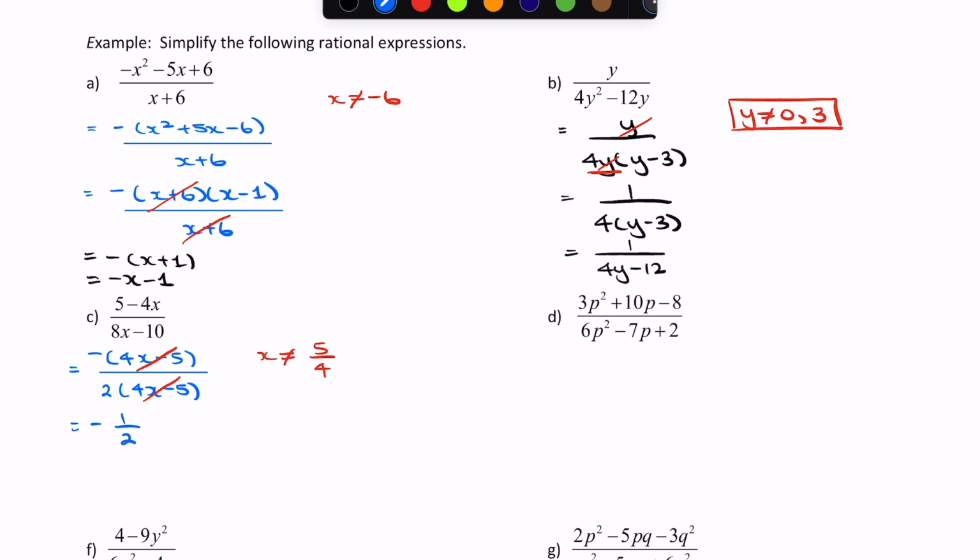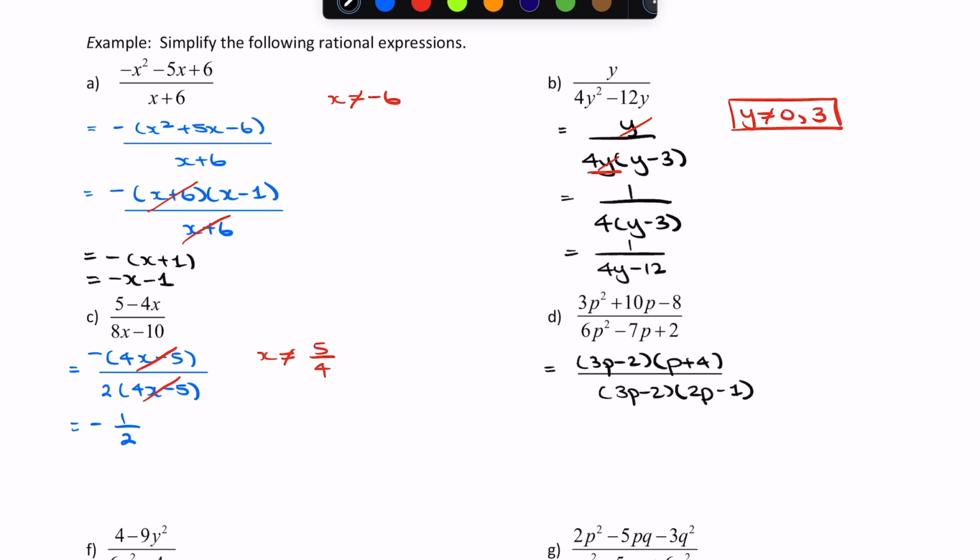Here for d, we have 3p squared plus 10p minus 8 over 6p squared minus 7p plus 2. First thing we'll do, factor the numerator, factor the denominator. And that will give us 3p minus 2, p plus 4. And at the bottom, we'll be given 3p minus 2 and 2p minus 1.